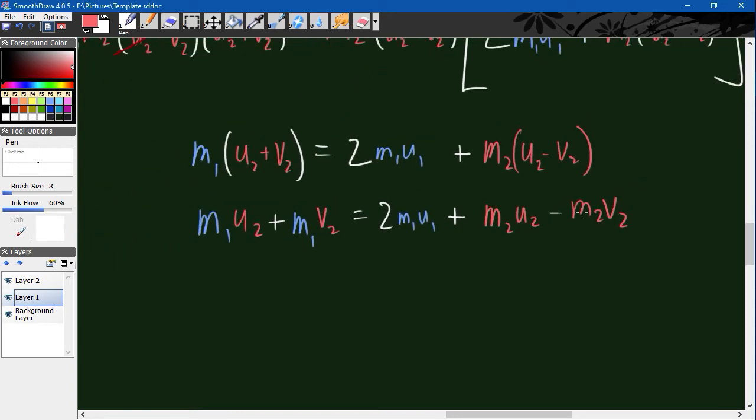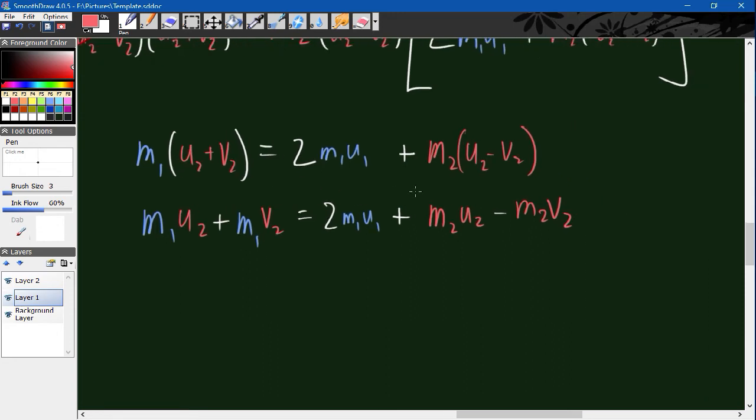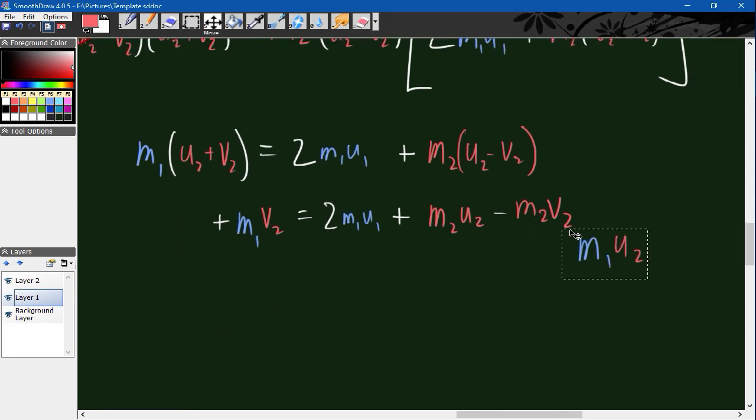Now we could put all of the terms with v2 on one side, so we could just move this here, move this here, and then transpose this to the other side.